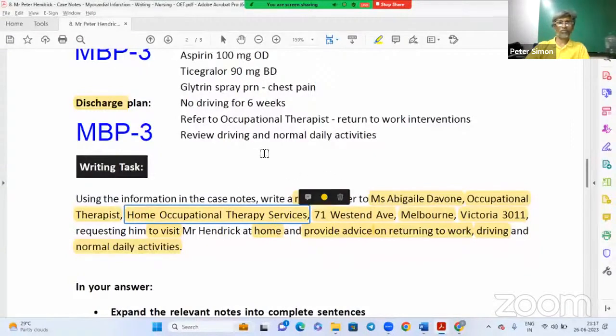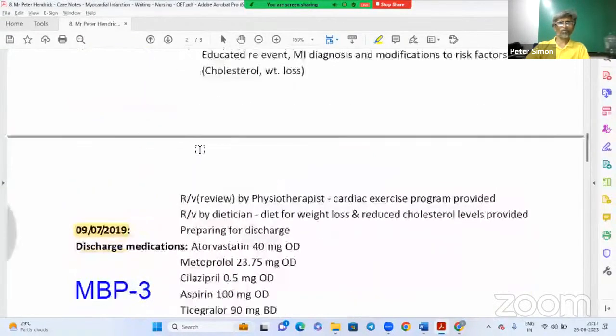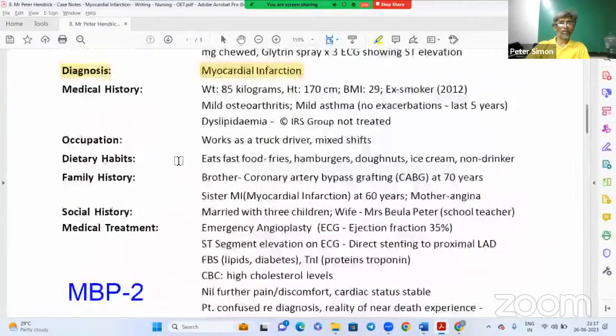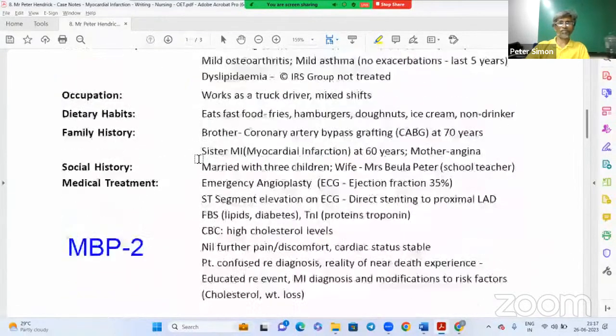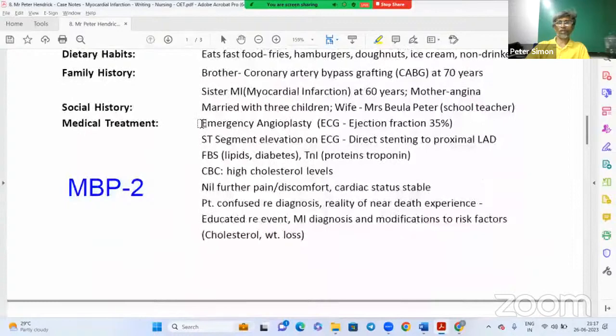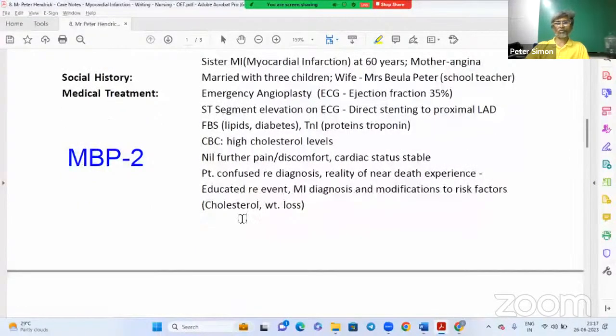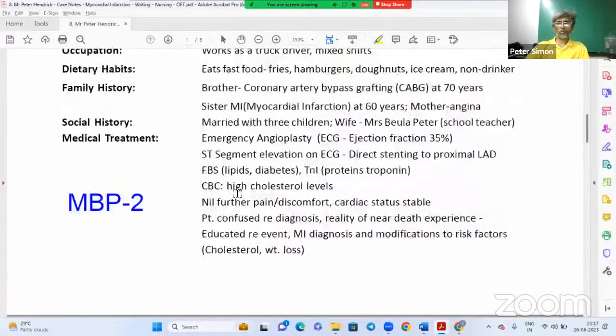Now during the hospitalization, what did you do? Emergency angioplasty. Okay, this was done. ST segment elevation on ECG. Stenting to proximal LAD, FBS, lipids, diabetes, troponin, proteins, CBC, high cholesterol levels. Whatever is important here, those only we have to give.